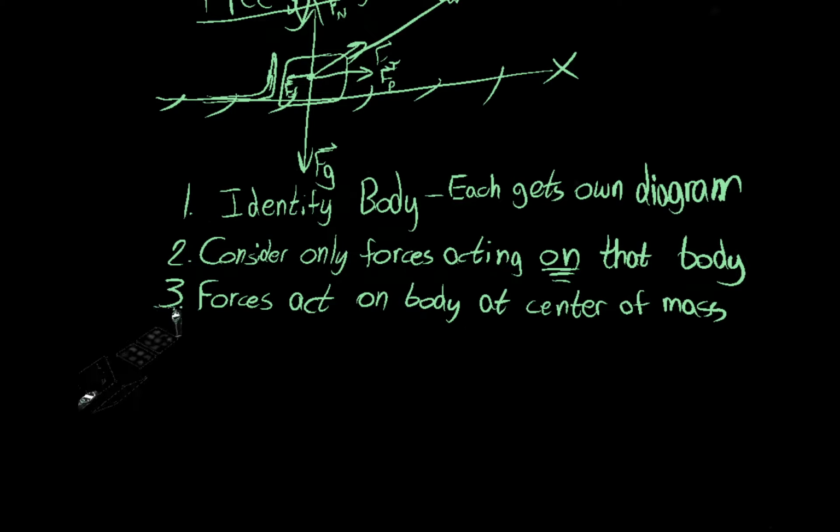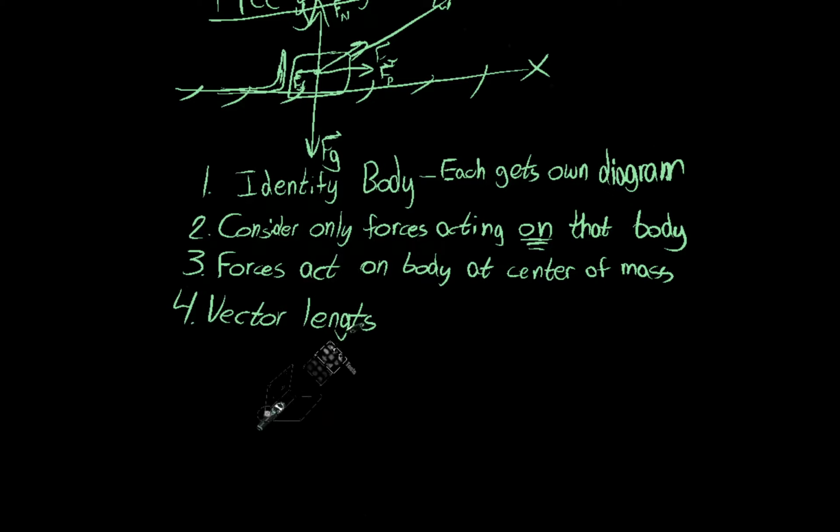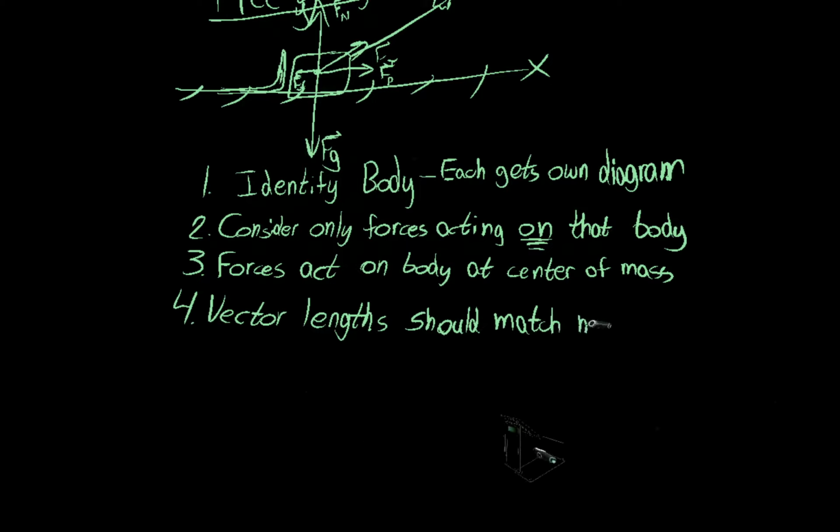And then on your free body diagram, this might be a little picky, but it's really important, I think. The lengths of your vectors should match the magnitude of them. Vector lengths should match magnitude. And this is just relative to your other vectors that you've drawn, right?